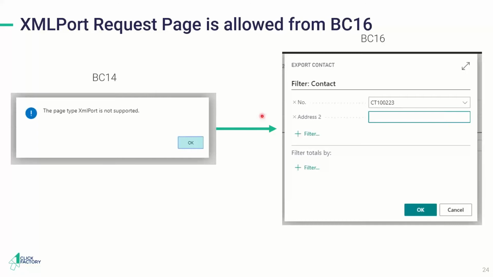Microsoft written in its blog, in old blog, but currently there are a lot of new features implemented from Business Central 16 and small fixes which was even requested to Microsoft in the feature requests. So a lot of things are implemented and fixed to be working almost the same as you would use Windows client. So this is allowed from Business Central 16 and working the same way as it was in the Windows client.